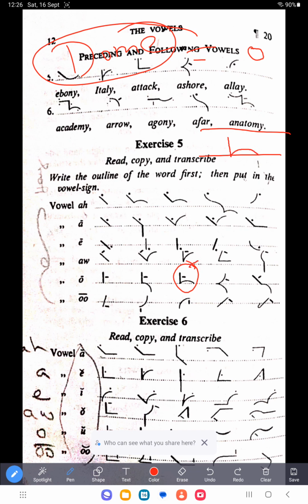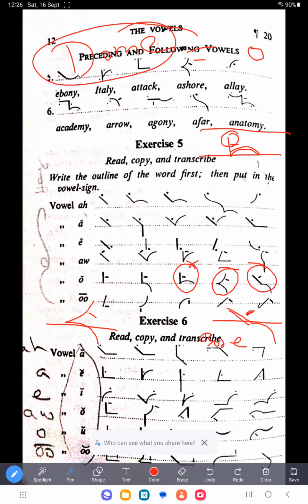And O sound is represented, that is after D in the second place, put a dash. So D, O, do, and continue writing the M. In the same way, the word called shore, that is ish and downward R, is written with the vowel in the second place. And the next word we have is bore, B-O-R-E, bore, that is B stroke written on the line, continue with the downward R. And after B, put an O sound.